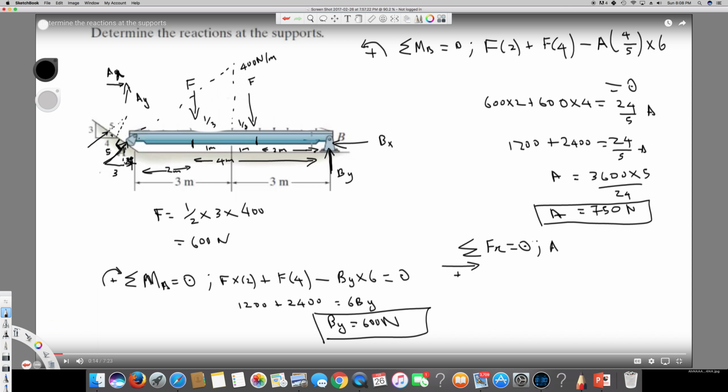So cos theta is going to be adjacent over hypotenuse. We know adjacent is 3, so A times 3 over 5. And Bx is the opposite side, therefore it's going to be minus Bx is equal to 0. We know the A already, it's going to be 750 times 3 over 5 equal to Bx. If I calculate Bx, it comes out to be 450 Newton.